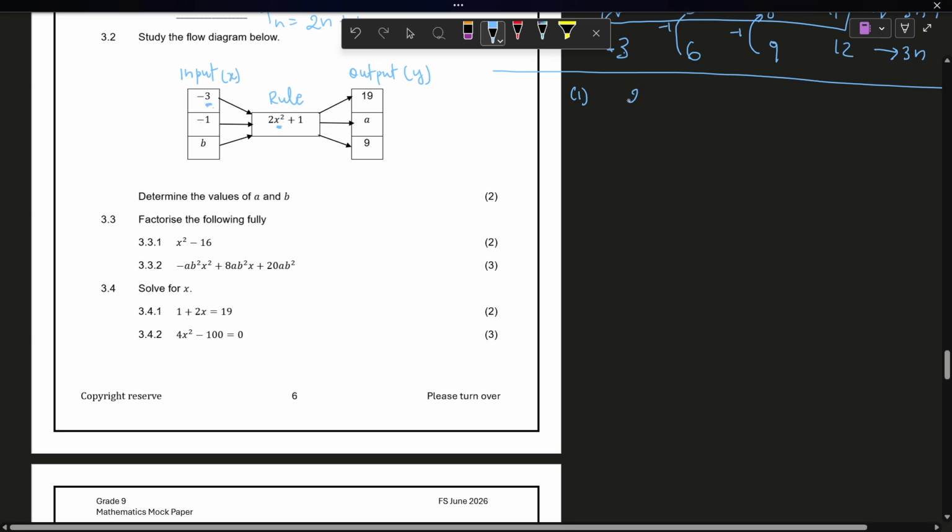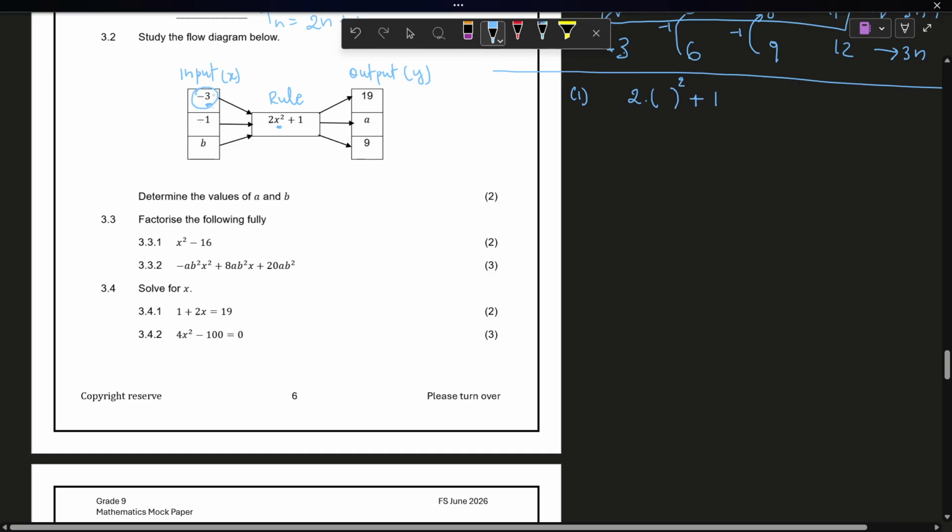So I write the rule is 2 times, instead of x, I'm going to write the brackets to reserve a space for x. So it's x squared plus 1. So what I have to put in there is basically the input.